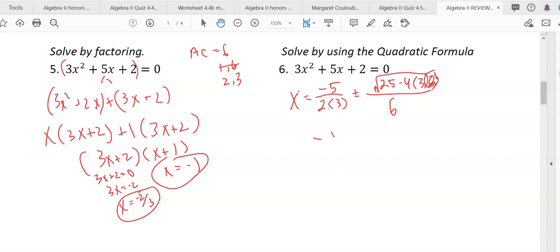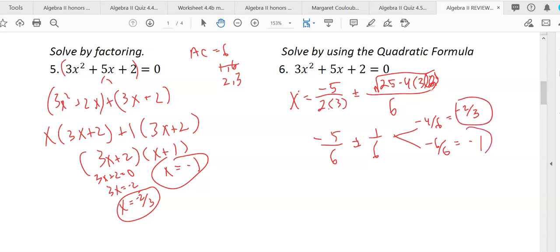So this is -5/6 plus or minus square root of 1 over 6. Two different answers, right? That's going to be negative 5 plus 1, which is 4 over 6, negative, I guess, which is negative 2/3. So we get the same two answers, x equals negative 2/3 and x equals negative 1.